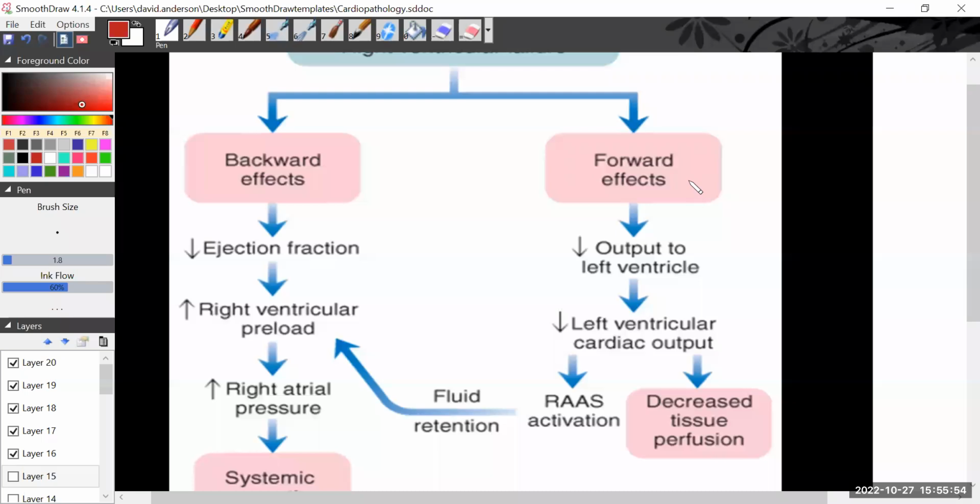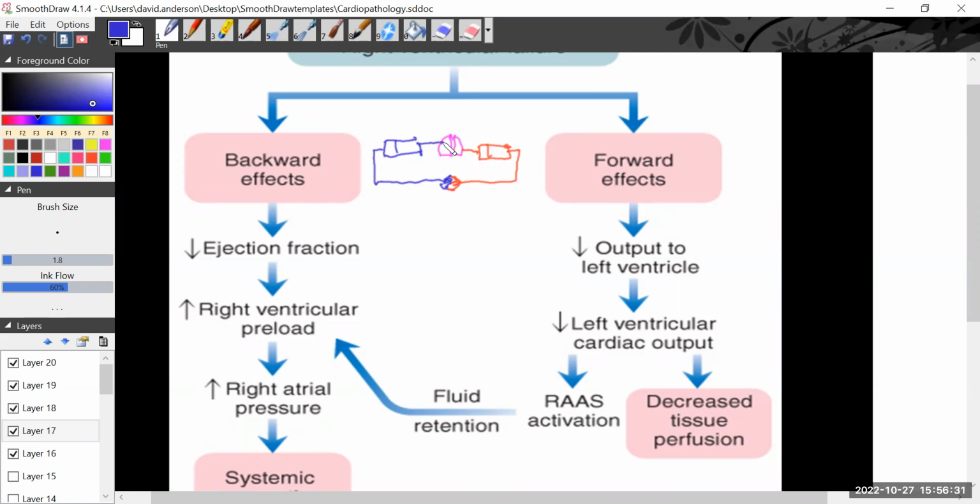Forward effects in our pathway means we're going to go, if we did our little drawing here with our lungs, and then we just closed it all in, oxygenated blood, systemic circulation, venous return, and to the lungs.